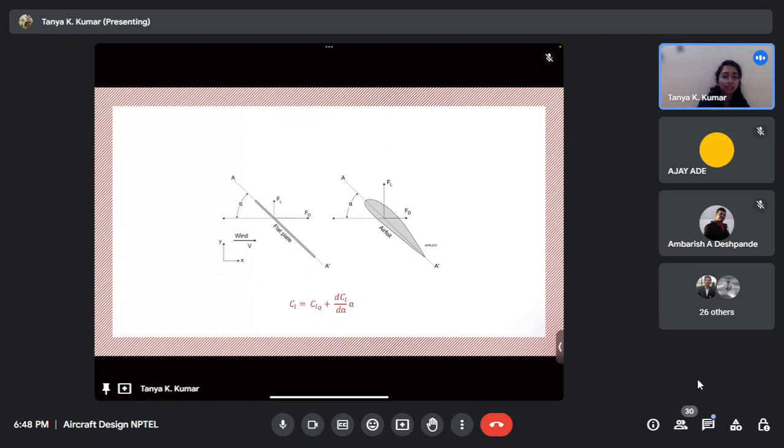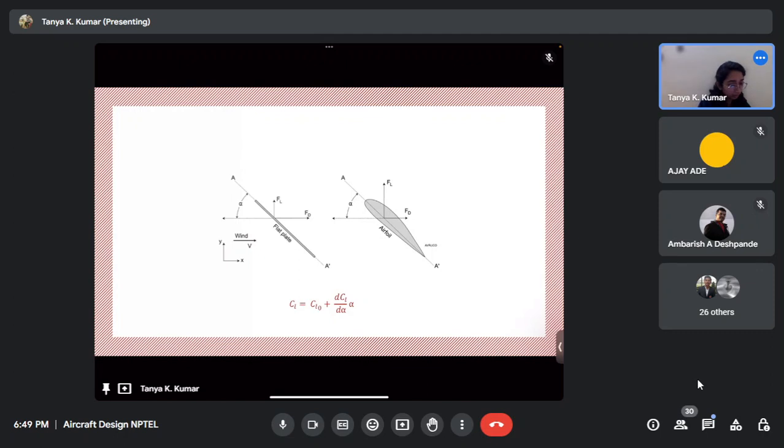Both the flat plate and the airfoil produce aerodynamic forces when subject to an oncoming airflow. It just so happens that due to this pressure difference, the lift force denoted here by FL is less in the case of the flat plate as compared to drag. But a cambered or even symmetric airfoil, when compared to a flat plate, produces more lift than drag at an angle of attack in oncoming velocity. Okay, so this is just for that demonstration.